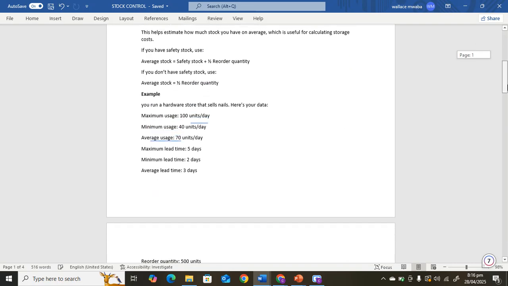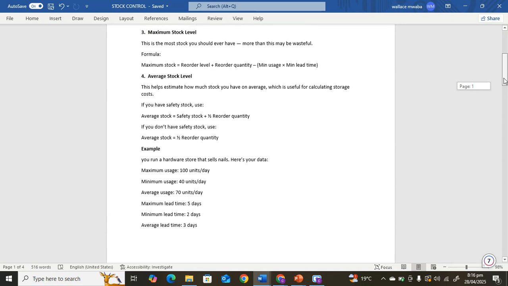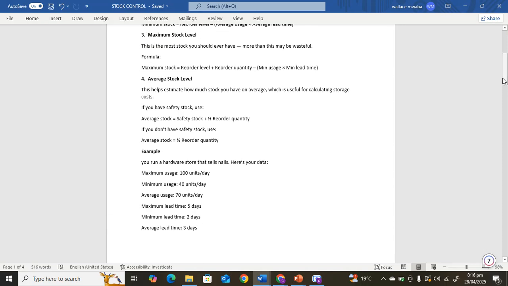When you hear the word usage, like maximum usage, it's telling you how fast the stock is moving. So if they say usage is 50 units per day, then usually in a day you sell 50 units of whatever good you are selling. Okay, so they've all got formulae.